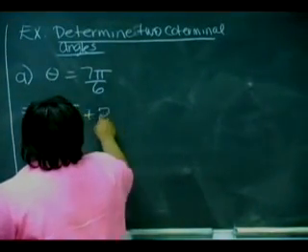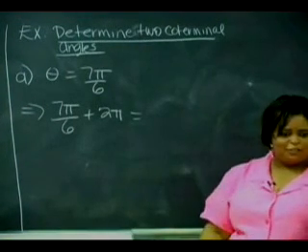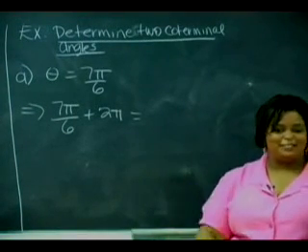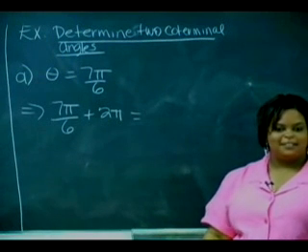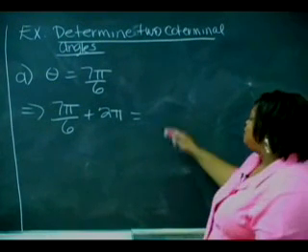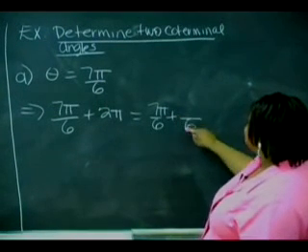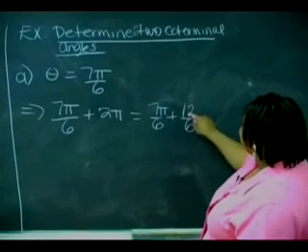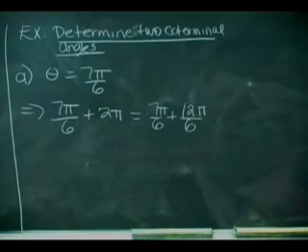We'll add 2 pi. Now, I know we are at a level where we should know how to add this stuff without a calculator, right? Aren't we? Yes. But hey, if we're not, what do we need to do? Get a common denominator, right? 2 pi is the same as 12 pi over 6, is it not?